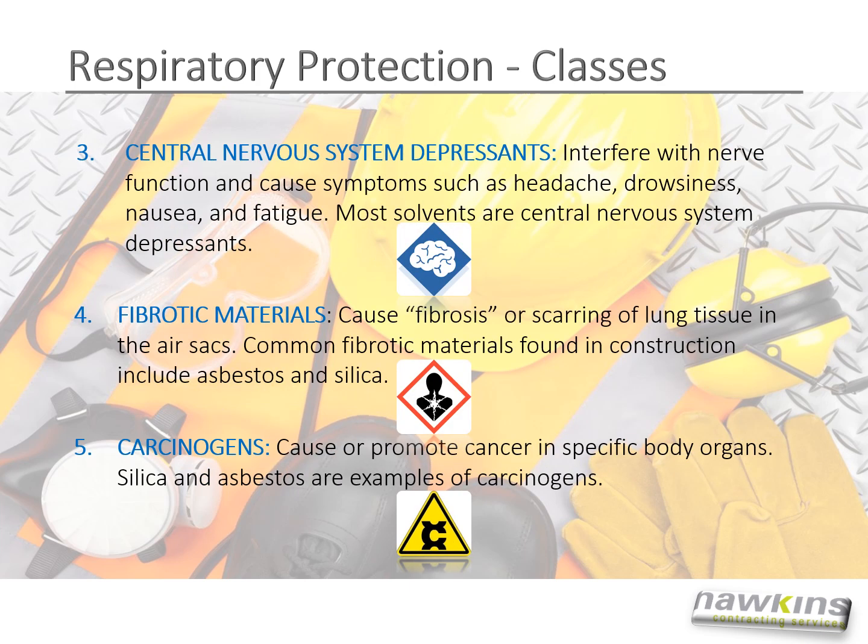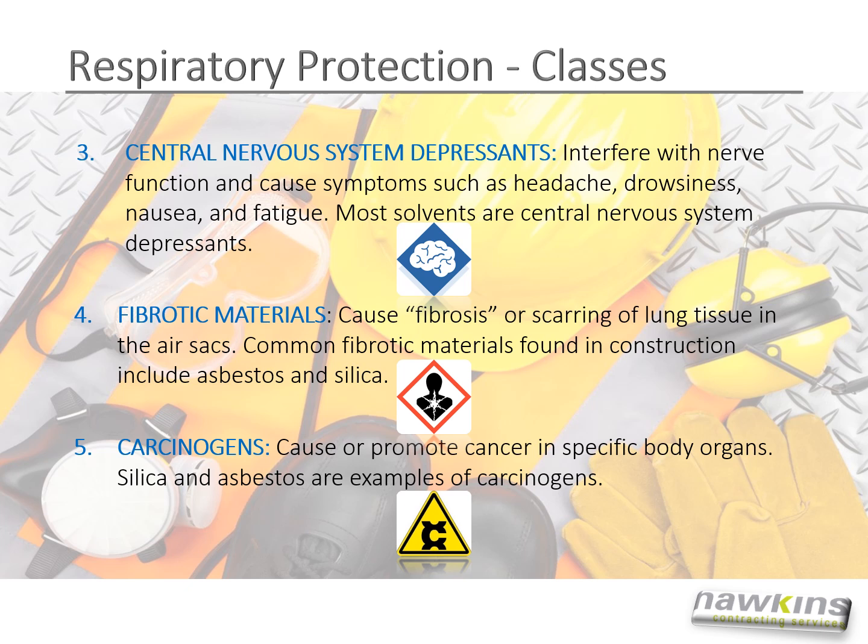Central nervous system depressants. They interfere with nerve function and cause symptoms such as headache, drowsiness, nausea, and fatigue. Most solvents are central nervous system depressants. Fibrotic materials. They cause fibrosis or scarring of lung tissue in the air sacs. Common fibrotic materials found in construction include asbestos and silica. Carcinogens.